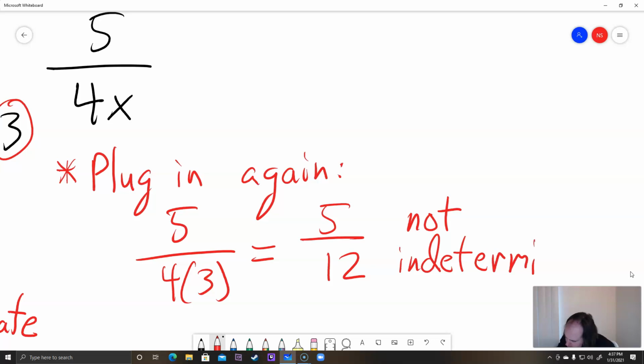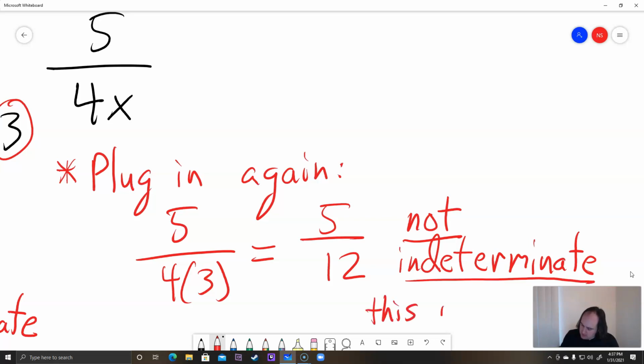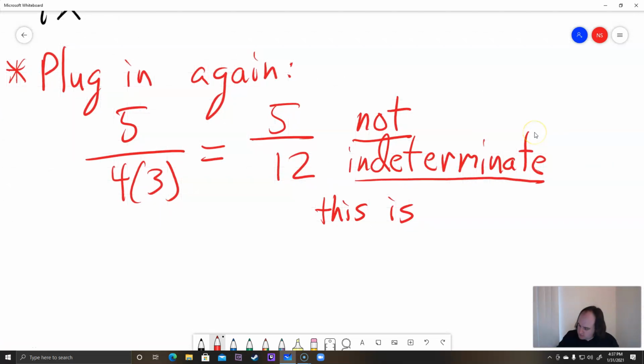This is not indeterminate because to be indeterminate, you either have to be 0 over 0 or occasionally something weird like infinity over infinity. So that means this is our answer. In other words, this is the value of the limit.